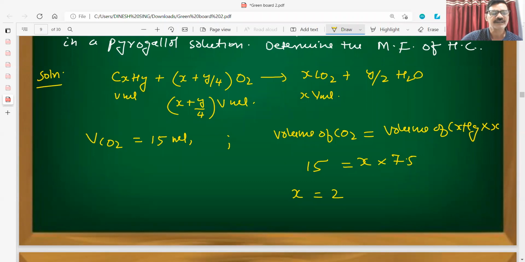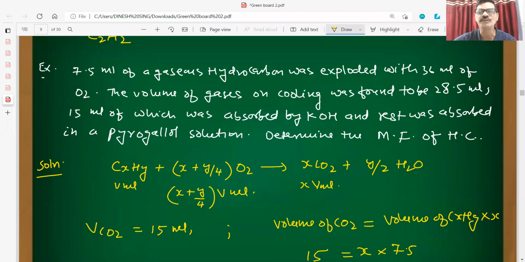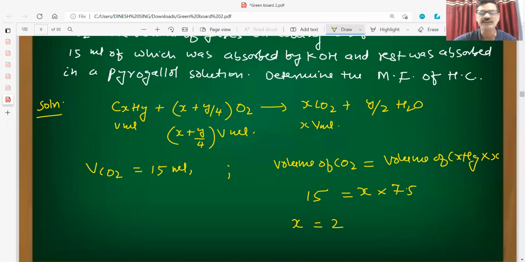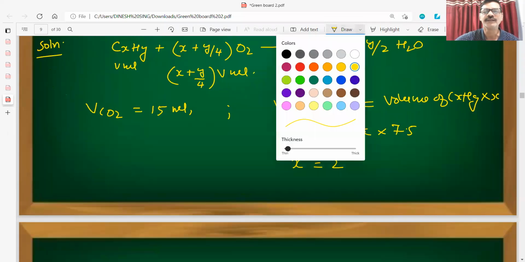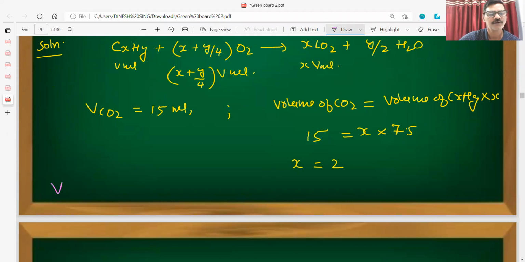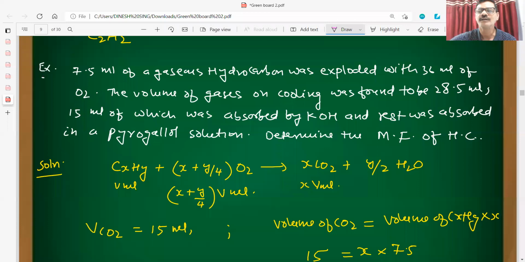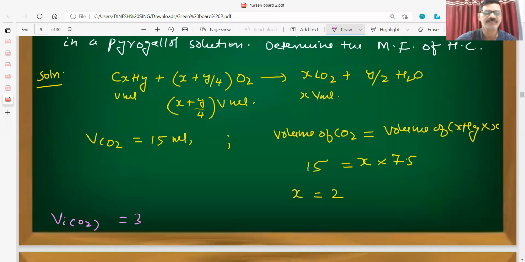Now we can see the initial volume of oxygen taken was 36 ml. So V initial of O2 was 36 ml. And the final volume of O2, that is the unreacted volume, will be how much?